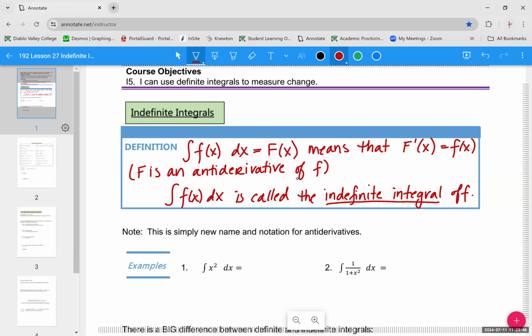So indefinite integral is the thing that we are defining here. So just notice that all we're really doing is giving a notation for a general antiderivative.